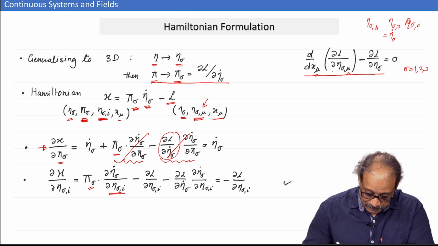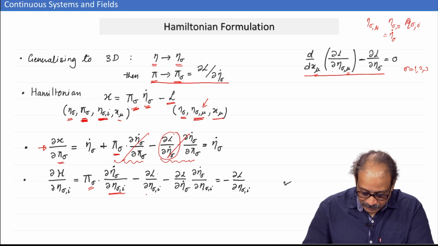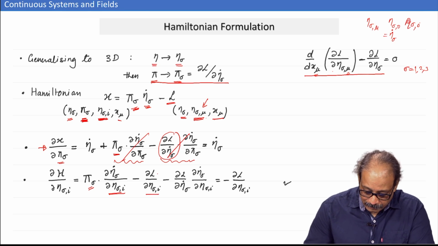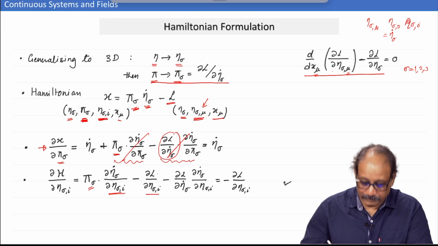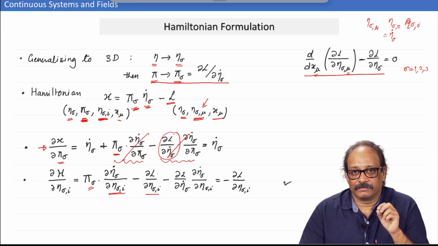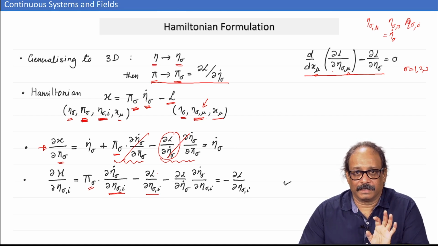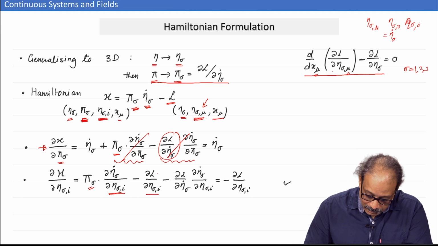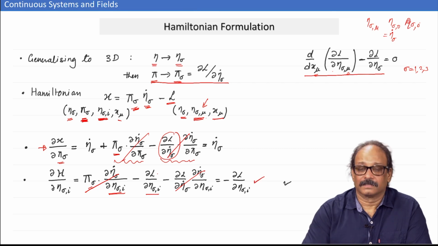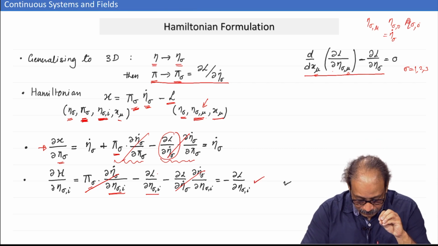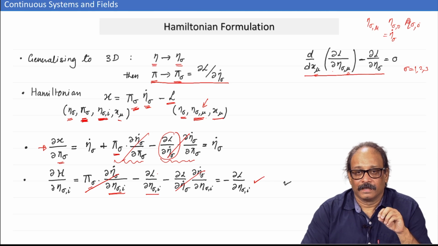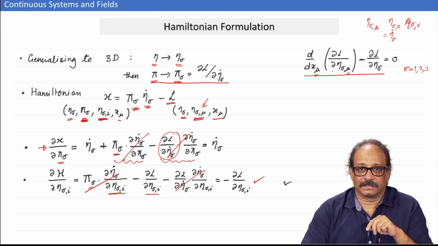So, I will write all of that: the partial derivative of L with respect to eta sigma I and minus del L over del eta sigma dot and then the partial derivative of eta sigma dot. This is just the chain rule application. And then again note that this term here cancels neatly with this term, giving you the partial derivative of H with respect to eta sigma I, which is just equal to minus the partial derivative of the Lagrangian density with respect to eta sigma I.